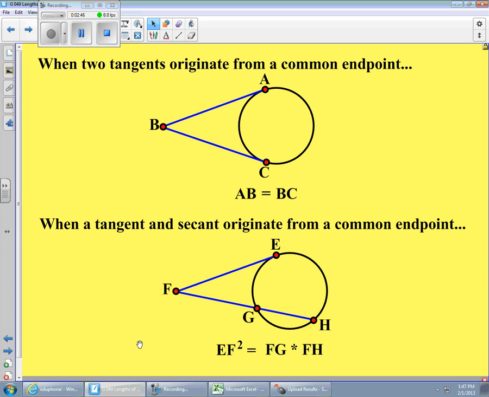With secants, all the rules we're going to see work the same way. It's the length to the first intersection, and then it multiplies by the length to the second intersection. So it's tangent squared equals length outside on the secant times the entire length on the secant.